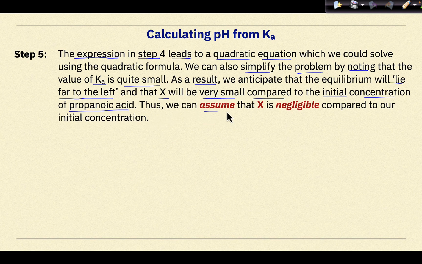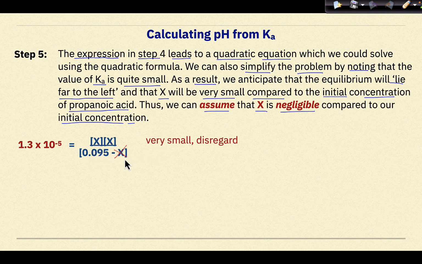Thus, we can assume that x is negligible compared to our initial concentration. As a result, we're going to take our expression that we wrote on the previous slide, 1.3 times 10 to the negative 5 is equal to x times x divided by 0.095 minus x. So x is very small and we will disregard it.